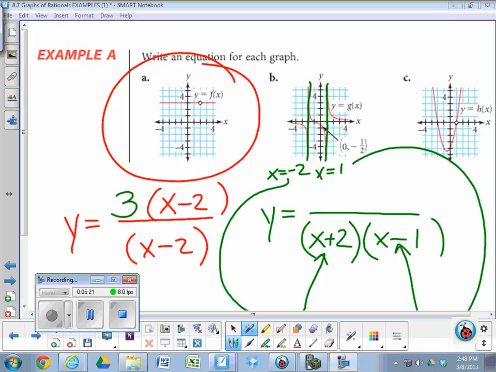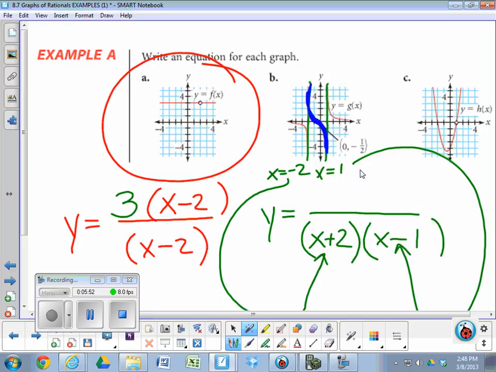So at this point, we're trying to figure out what goes in the top of this function. What goes in the numerator? I know it's not just a number, because if it was just a number, would there be an x-intercept? If I had a number up here like 8, would this graph ever cross the x-axis? No. Does this graph cross the x-axis?